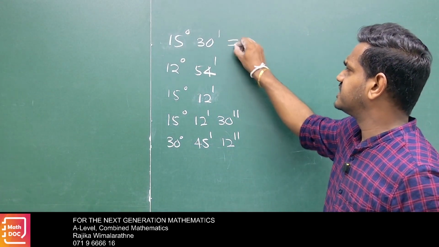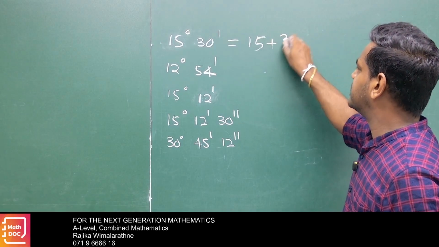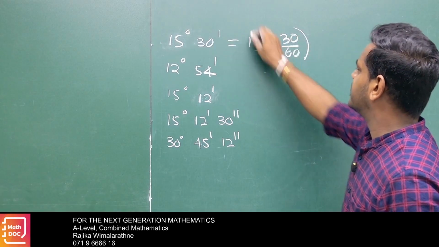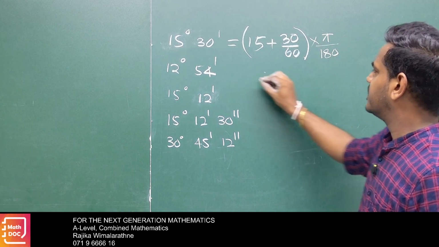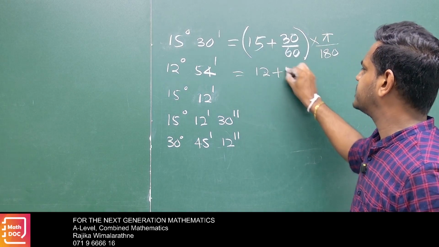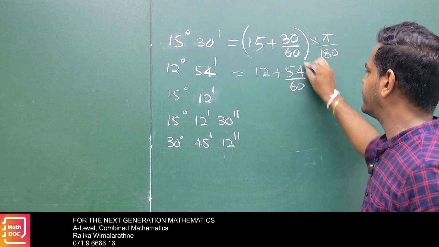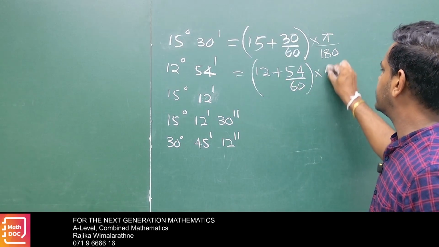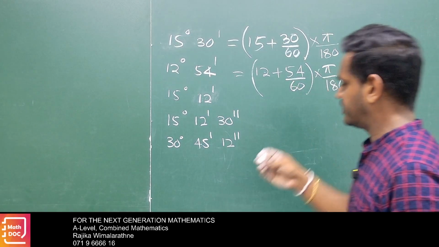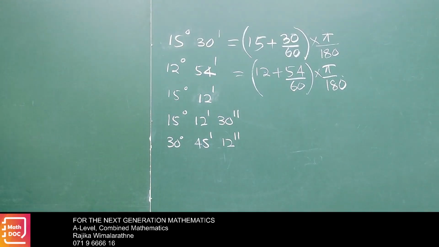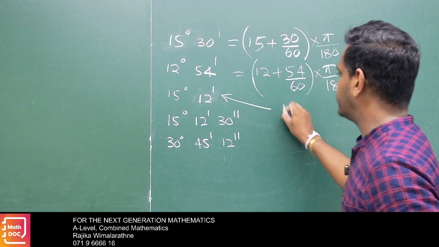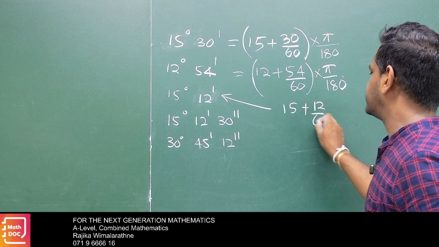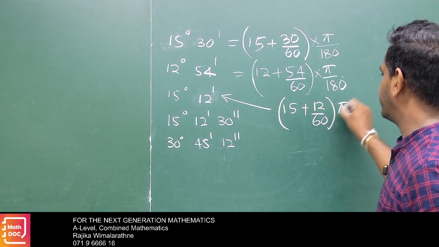Okay, 15 degree 30 minutes: 15 plus 30 divided by 60 times pi over 180. Then 12 plus 54 over 60 times pi over 180. You simplify, yeah? 15 plus 12 over 60 pi over 180.